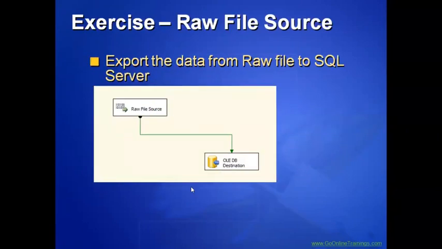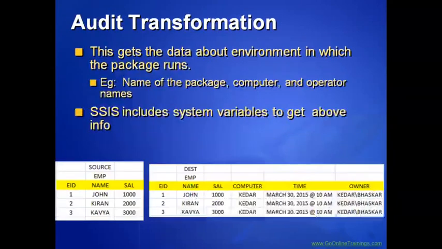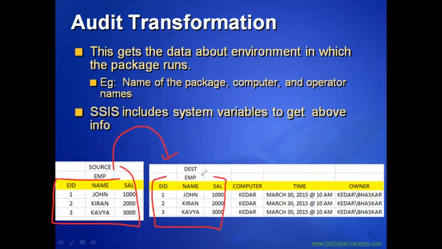Okay? So raw files and everything we have discussed. Again, we'll discuss later. Audit transformation. This gets the data about the environment in which the package runs, like name of the package, computer, and so on. I wanted to know not only the data. When you are copying the data, you need the data plus from which computer you got the data, what time you got the data, who's the owner who sent the data, lot of other auditing information you needed.